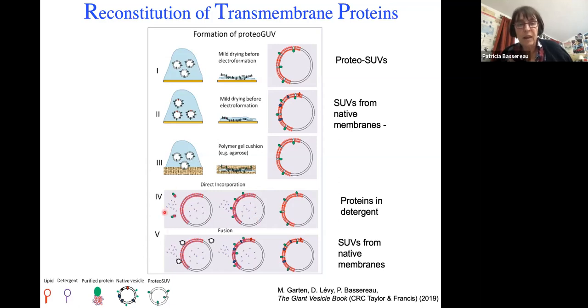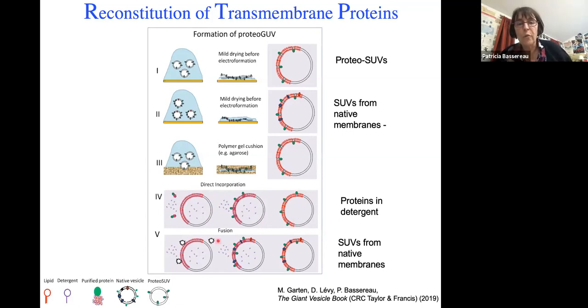It consists of preparing GUVs and having the protein in detergent, and by removing the detergent, having direct incorporation of the proteins into the bilayer. In this case, the proteins tend to reconstitute mostly in the same direction. And you have to remove the detergent, of course.